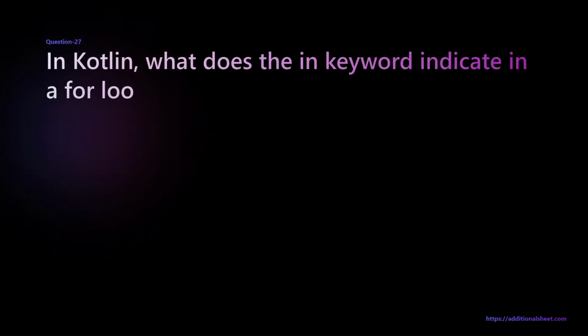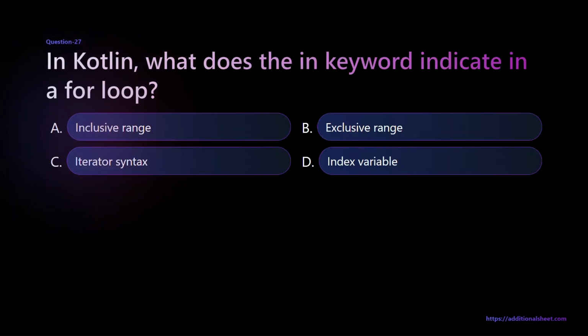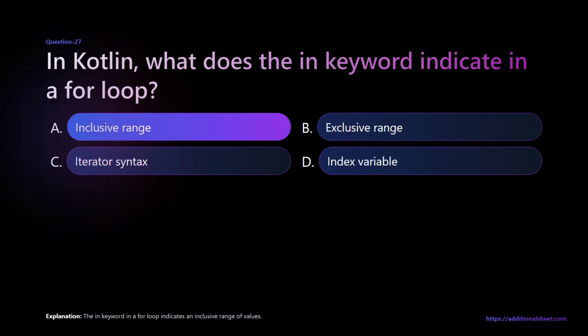In Kotlin, what does the in keyword indicate in a for loop? Option A, inclusive range. Option B, exclusive range. Option C, iterator syntax. Option D, index variable. The correct answer is option A, inclusive range.